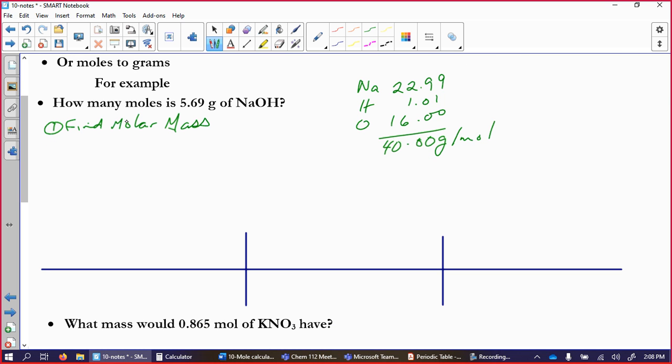So how many moles are there in, the grammar there is horrific. You're always going to be given a number, 5.69 grams sodium hydroxide. Our first step, always going to be there. We are given grams, we want moles.